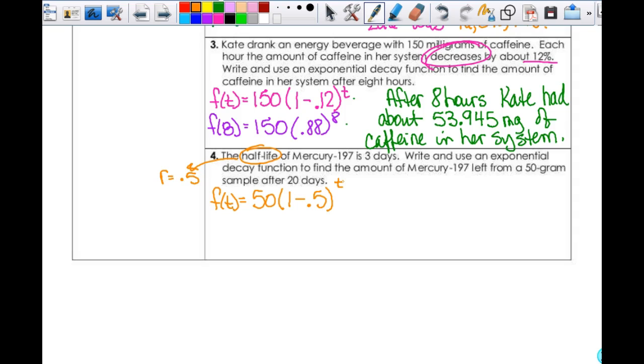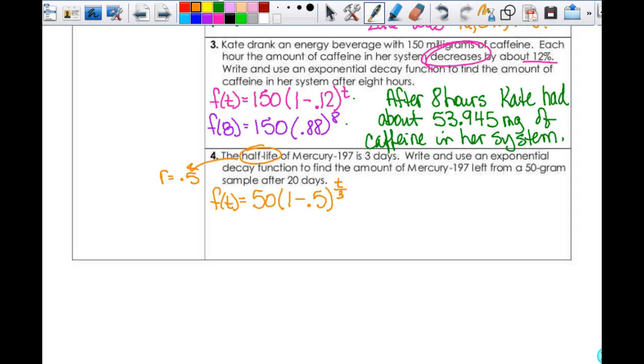But this is where it didn't match with years and years, days and days. I want to know what happens after 20 days, but the half-life is every 3 days. So the rate isn't 50% every day, right? It's 50% every 3 days. So do you think this is going to be 3 times t or t divided by 3? T divided by 3. Because it's only every 3rd day, so I have to take the number of days and divide it by 3. That's my f of t function.